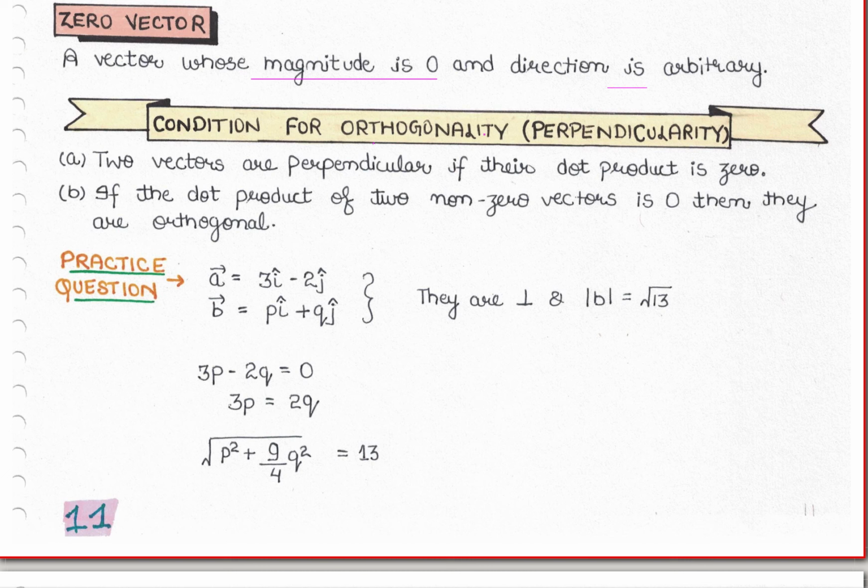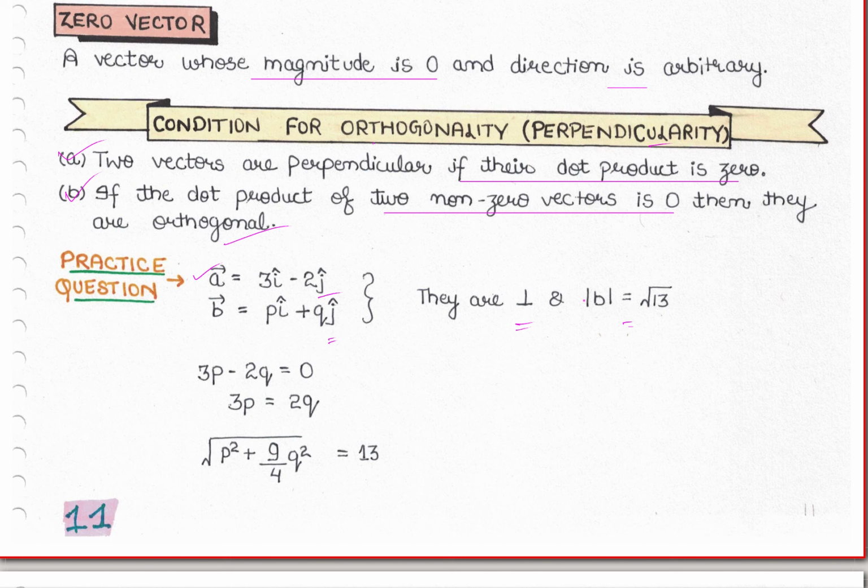Now the condition for orthogonality or perpendicularity. First condition, two vectors are perpendicular if their dot product is 0. And second condition, if the dot product of two non-zero vectors is 0, then they are orthogonal. So now if A is 3 I cap minus 2 j cap, B is p I cap plus q j cap, they are perpendicular, and the magnitude of B is equal to square root of 13.